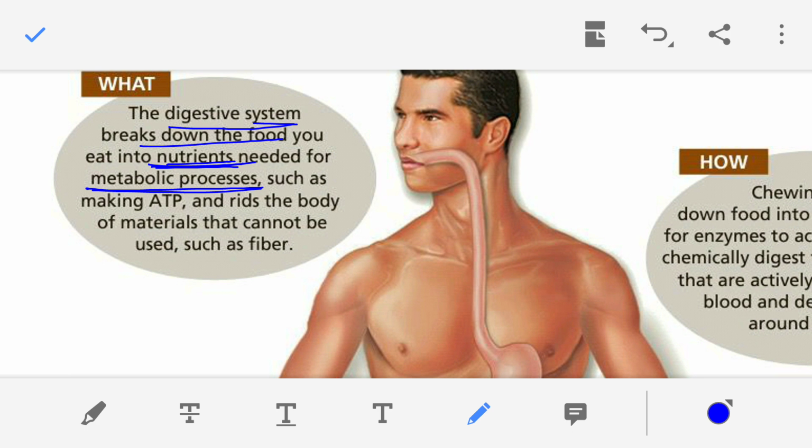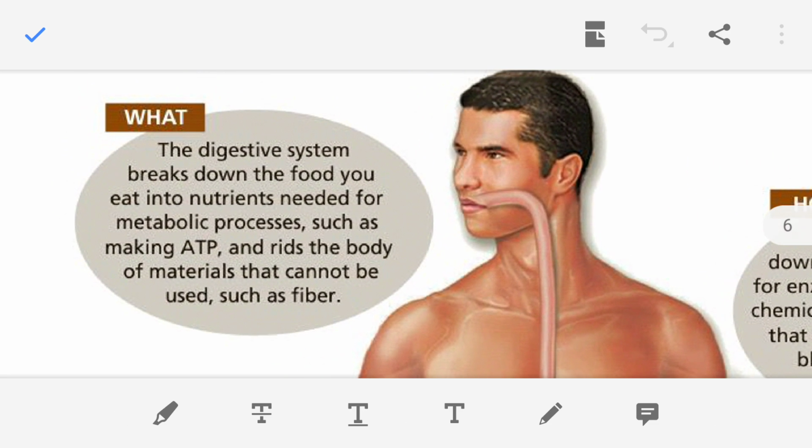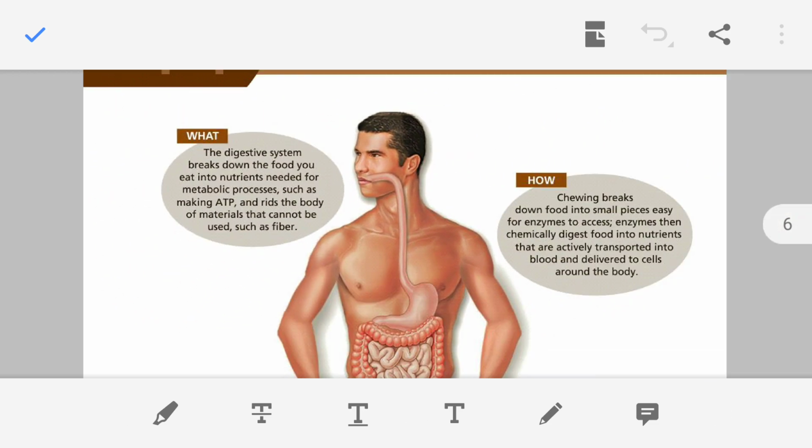The nutrients are also important for the formation of ATP. At the same time, the digestive system removes the undigested food, waste material, and the fibers. In our food, fibers are there, so the undigested fibers are removed by our digestive system.